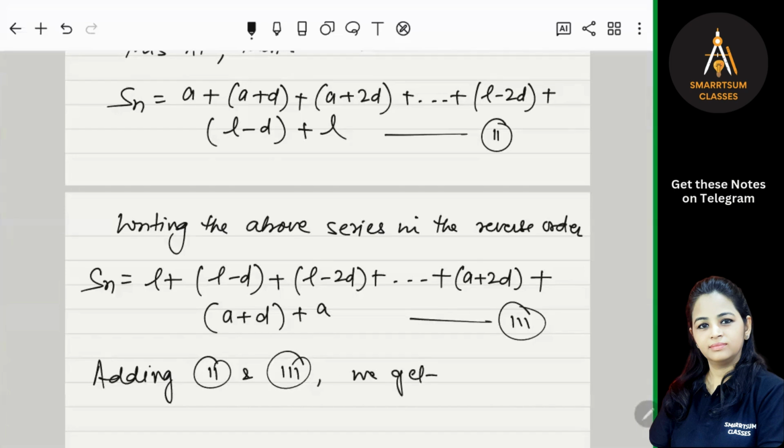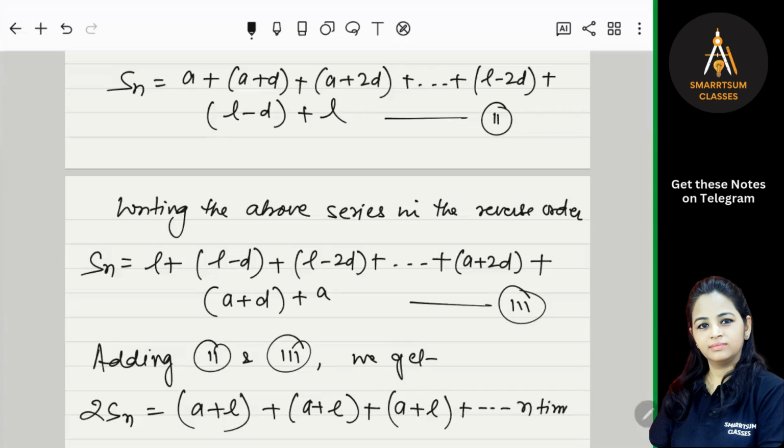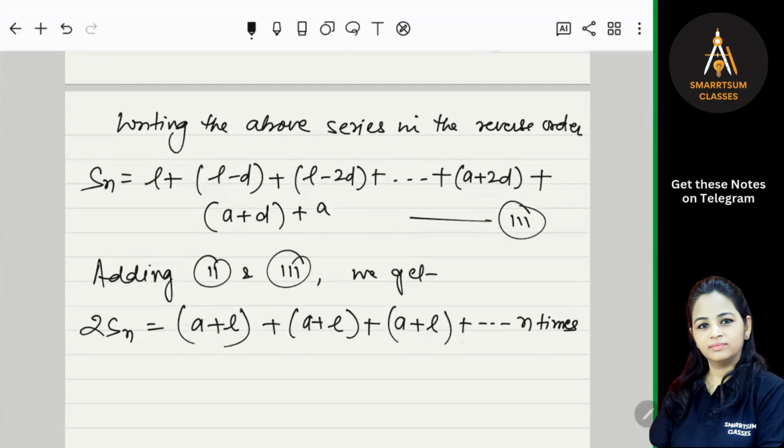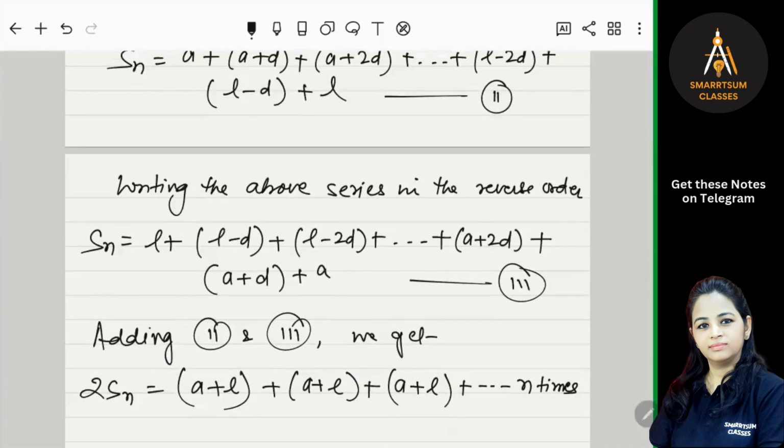Sn plus Sn, on the left hand side, gives 2Sn. On this side, if you add them, you will get (A plus L) plus (A plus L) plus (A plus L) up to n times.